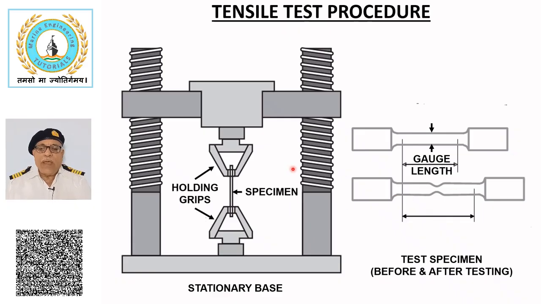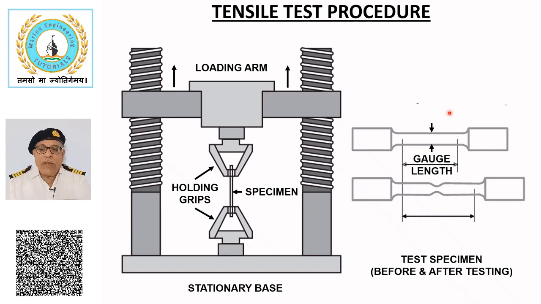The specimen is held by holding grips. Tensile load is gradually increased and the elongation of the material is measured by extensometer until material fractures.